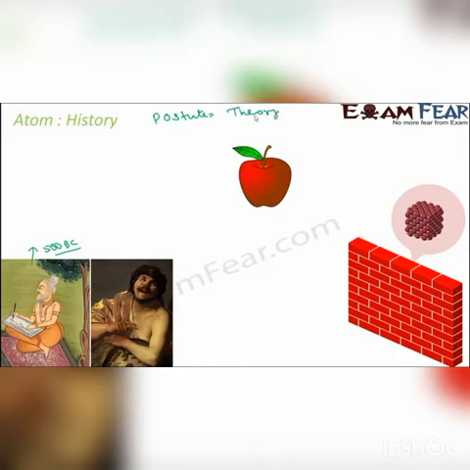He proposed actually that if we go on dividing matter, we shall get very small particles. For example, you take an apple, you keep cutting the apple, you will get a very small particle. And ultimately a time will come when we will come across the smallest particle, beyond which the division is not possible. Right? So for example, you take a brick or a pen, pencil, any matter you take.